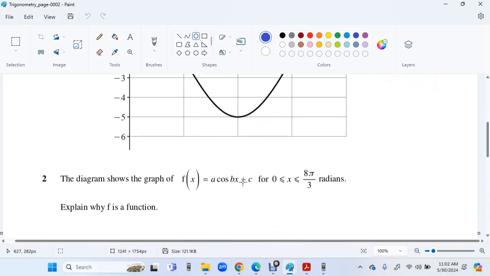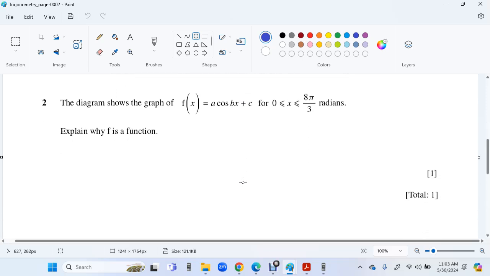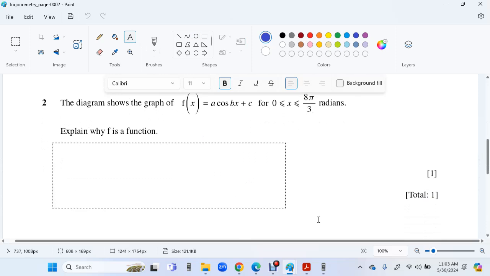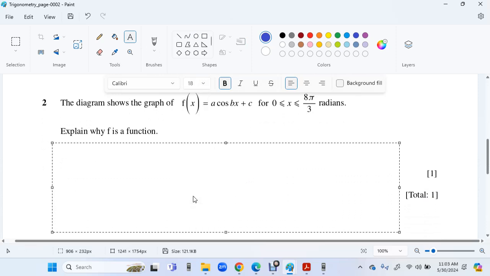The diagram shows the graph of f(x). Explain why f is a function. So according to the answer scheme, the answer is a valid explanation. So we need to give a valid explanation, like each value of x is mapped to a unique value of y.